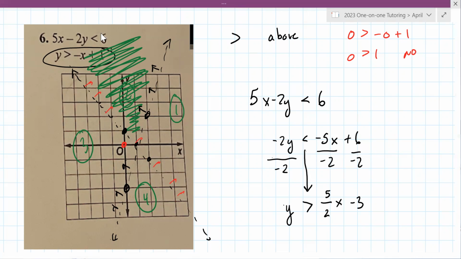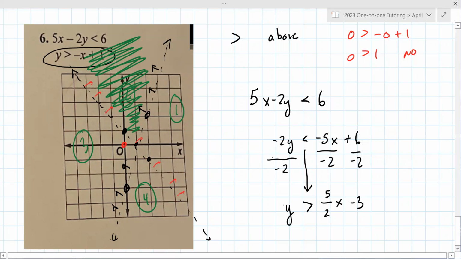So before we go back and do number 1, I want us to just have you solve a couple more inequalities. So let's go minus 4x minus y greater than or equal to positive 8. So I want you to solve for y, please.